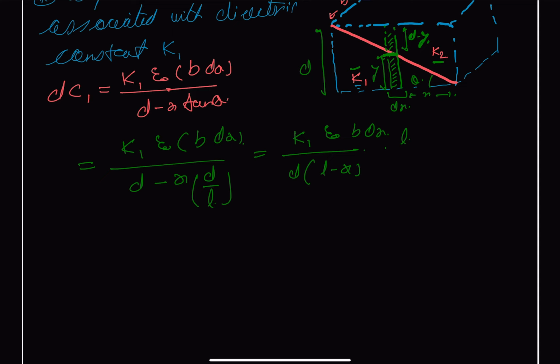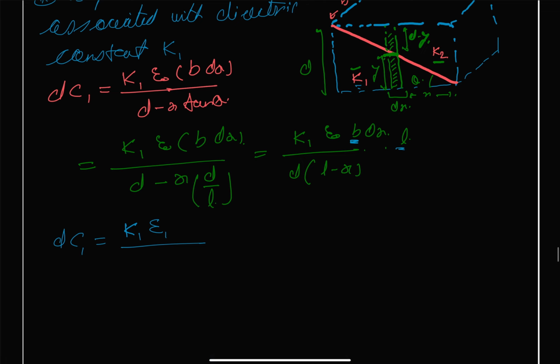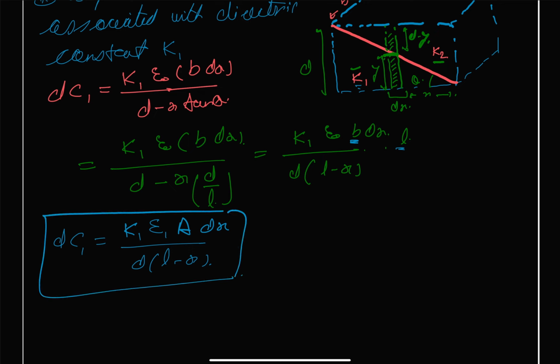So we can say that DC1 will be equal to K1 epsilon naught, B into L giving us area, times dx over d into L minus x. So this is our DC1.